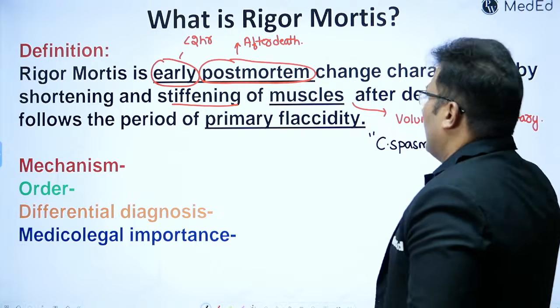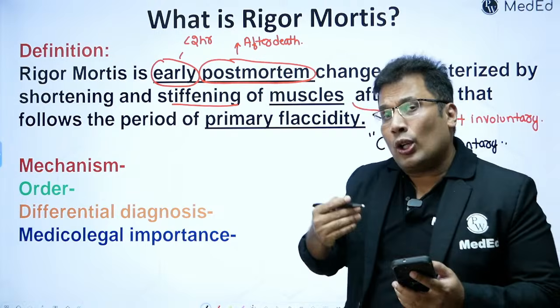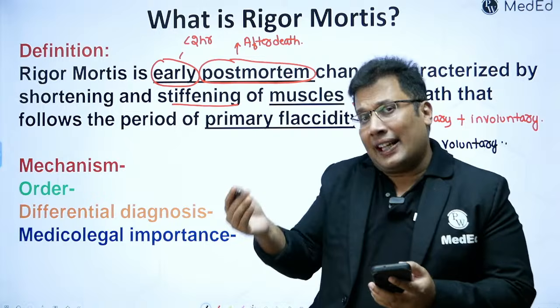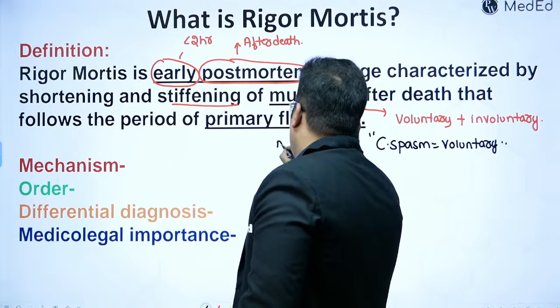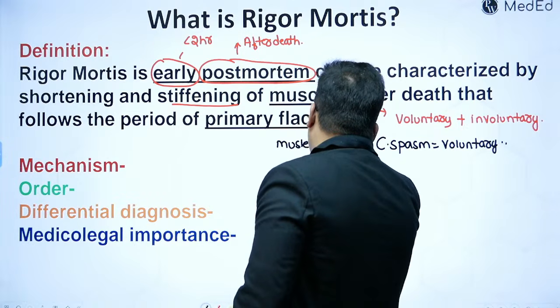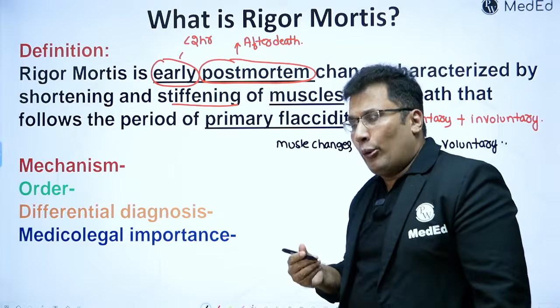After death follows the period of primary flaccidity. So all the muscles undergo primary flaccidity, then rigor mortis, then secondary flaccidity. How do muscle changes occur in a dead body?